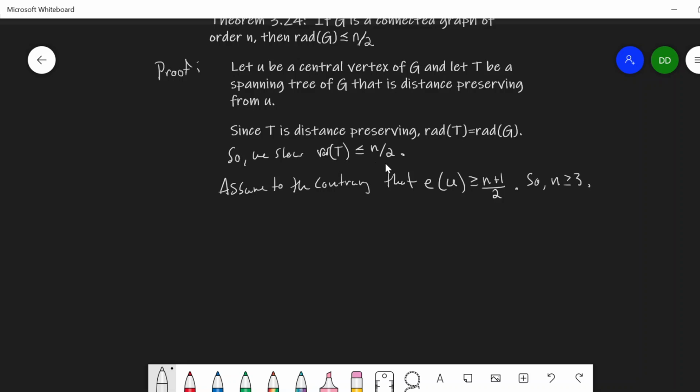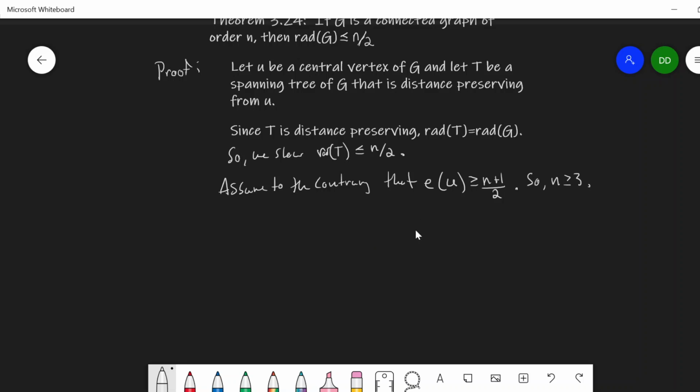Again, if the order is 1 or 2, there's really not a whole lot to show here, and so we can just assume this. So U is a vertex in the graph, and so it's a cut vertex of the spanning tree. Why is this?